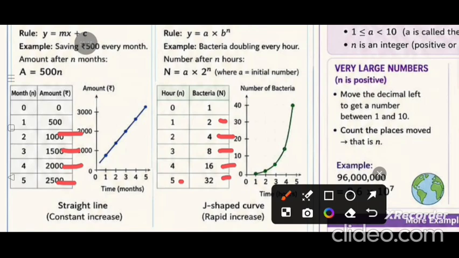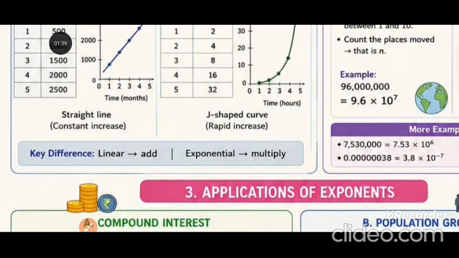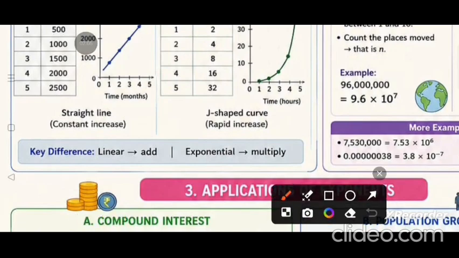So it is increasing at the rate a multiplied by 2 raised to the power n, where a is the initial number from where it gets started. So when we draw the graph, this exponential growth has the rapid increase. So linear growth means add and exponential growth means multiply.